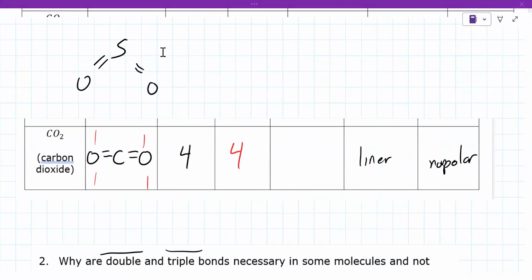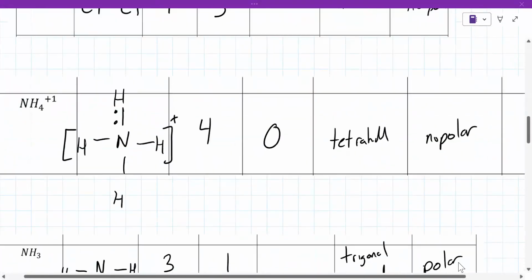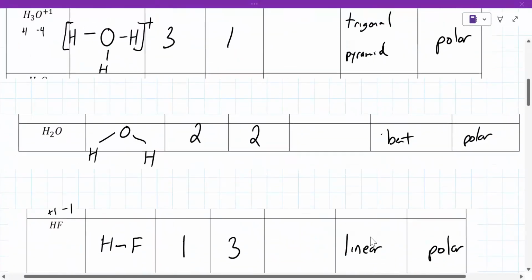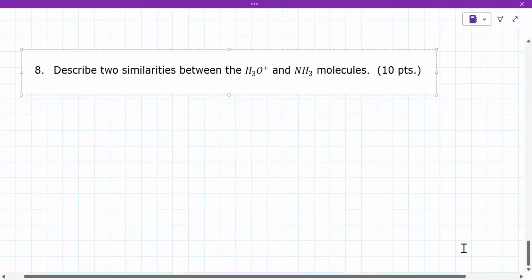Sorry, did I miss H3O plus and NO3? I think it's up there. Yeah, polar and polar, and they're both trigonal pyramid. So I think that's sufficient.